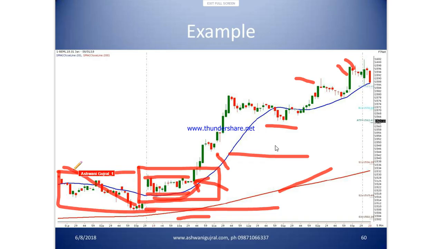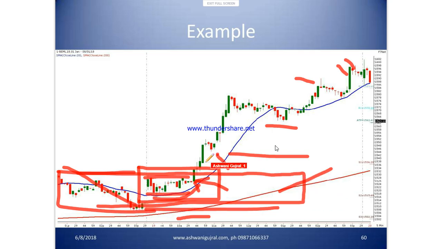So when you have this kind of a block underneath, this is strong support, and if you buy near this and the market starts to move higher, then chances are it will go. But make sure you don't have any data here, which means price should be in a narrow range before this day. The more narrow range, the better.